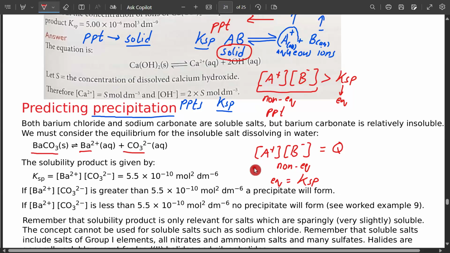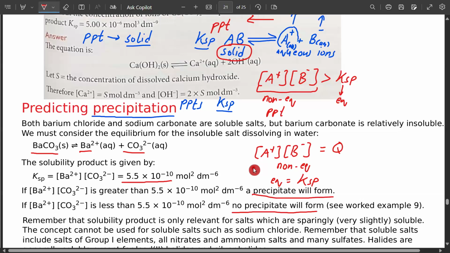Now, according to the Ksp value, it's 5.5 × 10^-10. If the product of the concentrations gets greater than this value, then precipitate will form. On the other hand, if the value of this product gets less than the Ksp value, then no precipitate will form.